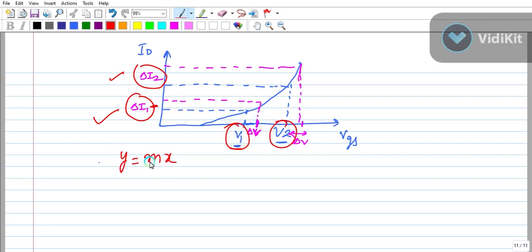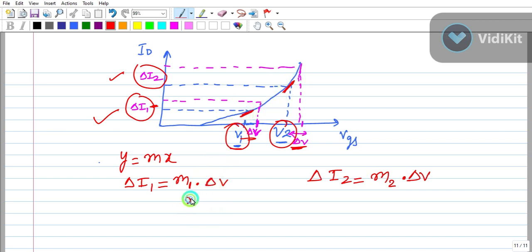So delta I1 equals the slope m1 times delta V. For this case, delta I2 equals m2 times delta V. See, this slope is greater than this one, that is m2 is greater than m1.